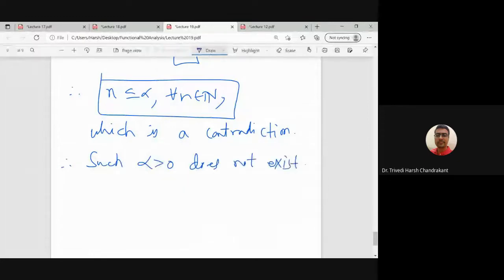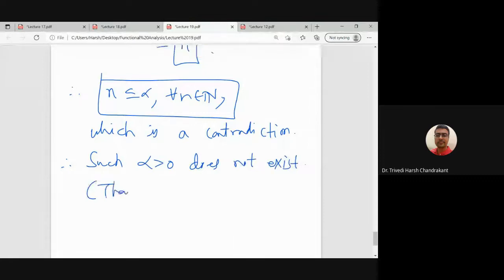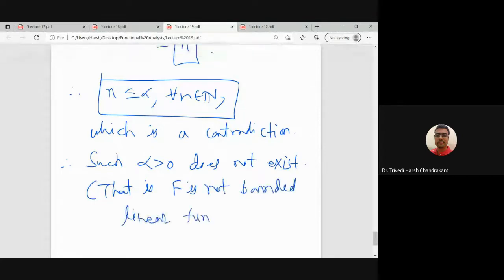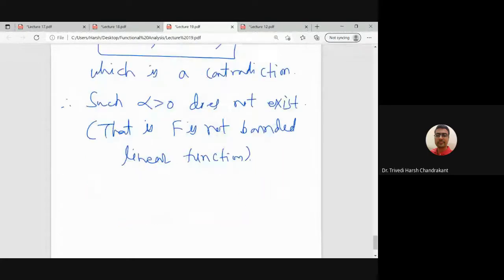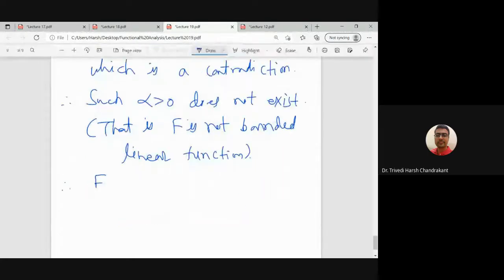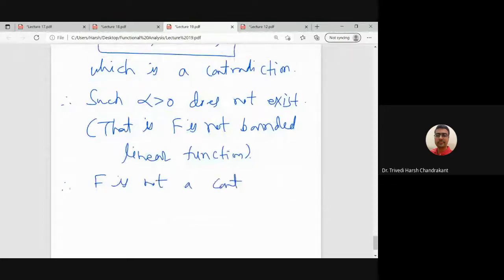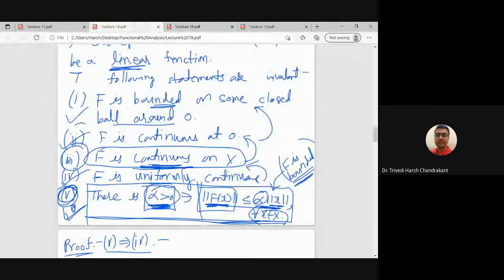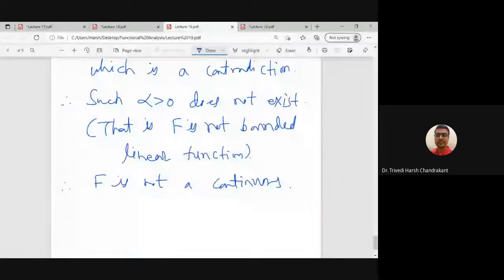So basically what we are saying is f is not a bounded linear function. So it is not a bounded linear function, that is the same as f is not a continuous linear function. So f is linear but it is not continuous because the fifth condition fails, and that is equivalent to the third condition. So it is not continuous.